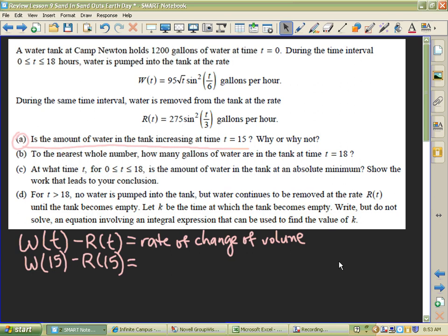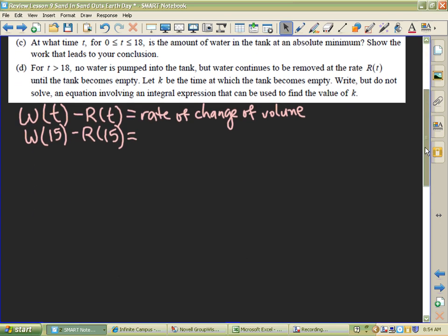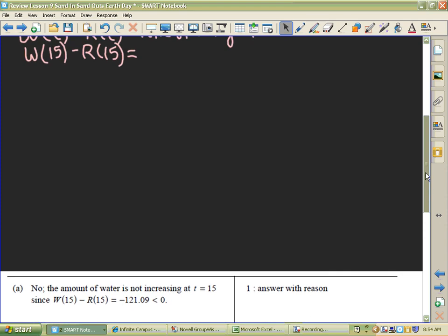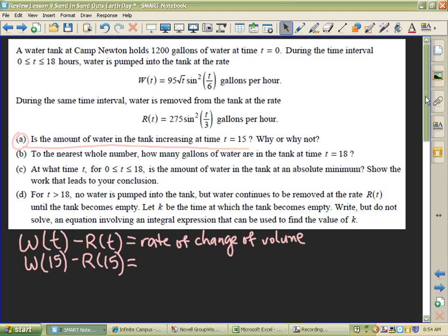So I want to take my calculator and substitute 15 and see if I get a positive number or a negative number. I'm going to cheat. You get a negative number, negative 121.09. And then because you're awesome students, you're going to tell the College Board that's negative. They don't know that.